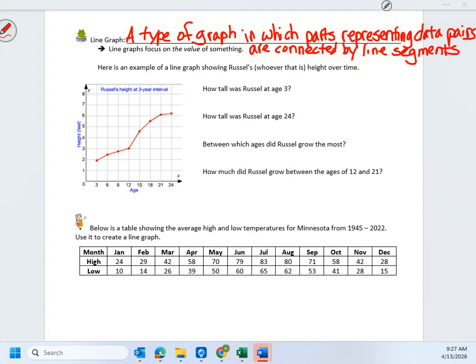So they are line segments, so they go from point to point. They do not continue on forever. So it's point to point. Connect your line segments, connecting those data pairs.